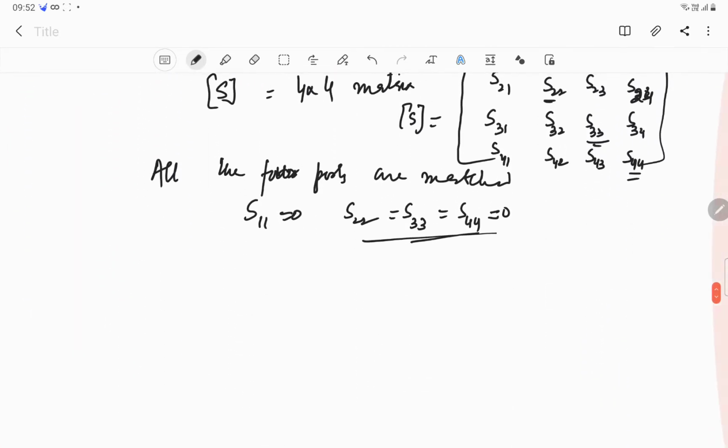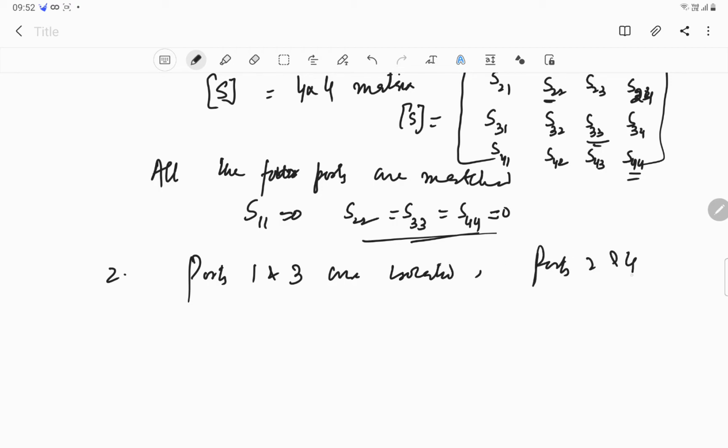So I can write here, since ports 1 and 3 are isolated, so are ports 2 and 4. So that means S13 is 0, or for that matter S31 is 0. Likewise S24, the same as S42, is 0, as these ports are isolated.